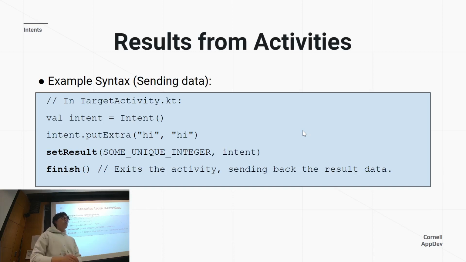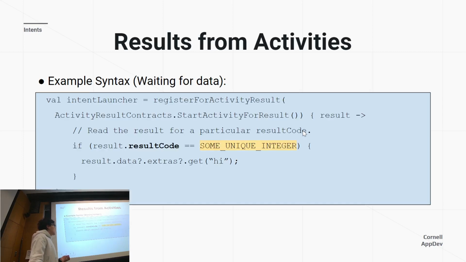And this is the code for the activity that's actually sending back the information. Here you create an intent, you put the extra information, you set the result, and here there is a unique integer. This is a unique identifier for the information that you are sending back.